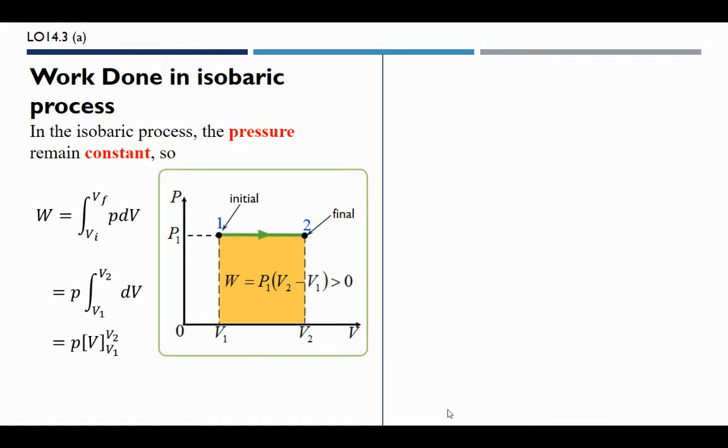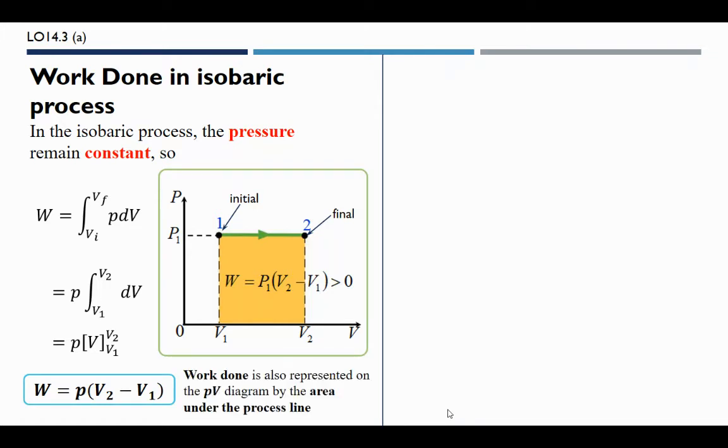Integrating dV, we get V between V1 and V2. Solving the equation, we get W equals P times the change in volume. Work done is also represented on the PV diagram by the area under the process line, which is the area shaded in yellow.